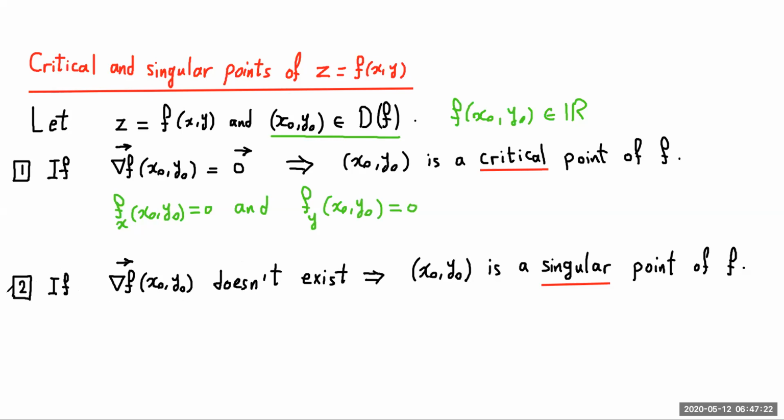Now, definition 2: if the gradient of f at (x0, y0) doesn't exist, then this point (x0, y0) is called a singular point for the function. So this means the partial derivative of f with respect to x doesn't exist at this point, or the partial derivative of f with respect to y doesn't exist at (x0, y0).